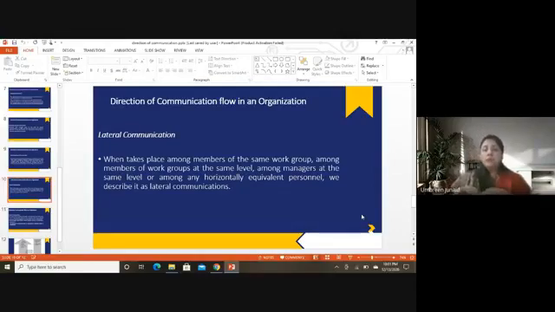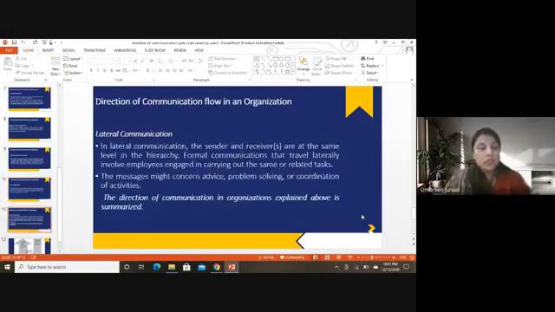So, the work group at the same level, the managers at the same level, any person who is in the same position in the hierarchy, when they communicate with each other, that communication is called lateral communication. In lateral communication, the sender and receiver are at the same level in the hierarchy. Formal communications that travel laterally involve employees engaged in carrying out the same or related tasks.